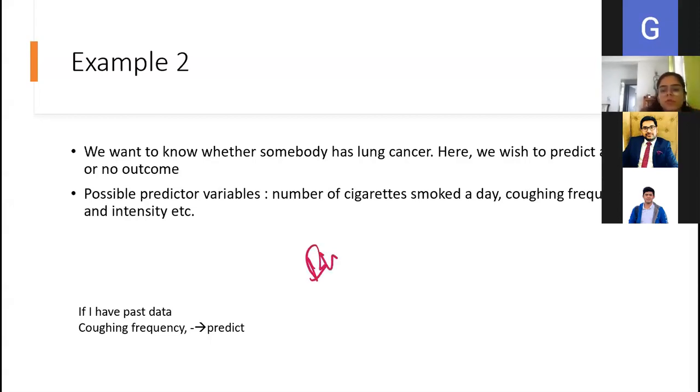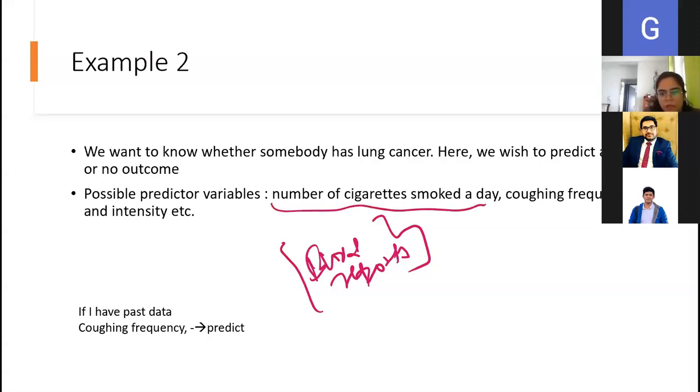Yes, blood reports, some numbers, we don't know exactly what numbers there are. But the numbers in the blood reports that can tell whether a person has lung cancer or not. So yes, all these are independent variables, right? Coughing frequency, intensity, blood reports, all these are variables that can predict whether a person has lung cancer or not.